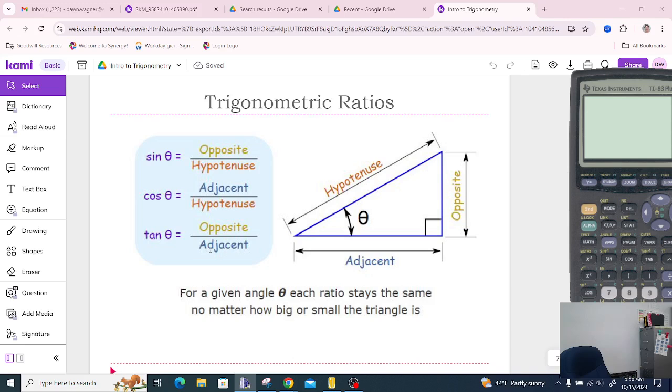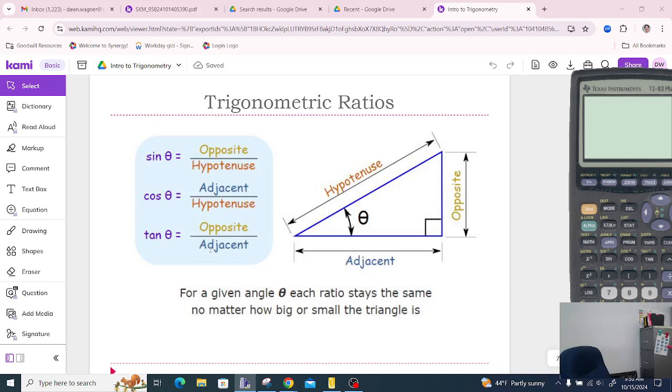Adjacent's the one that students get a little confused about. It's the leg that helps make the angle, right? But it's not the hypotenuse. So I always label adjacent last. Because if I label opposite and then I label the hypotenuse, then it makes sense that the last one will always be adjacent.